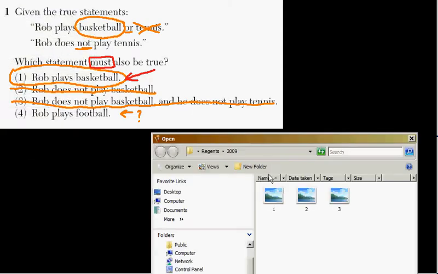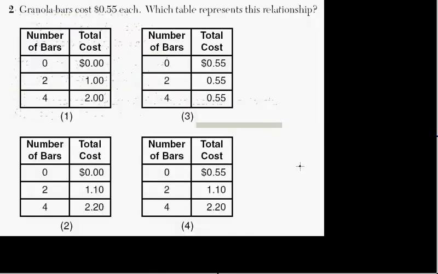We go to question number 2. And we have this. Granola bars cost 55 cents each. Which table represents this relationship? And we can do some real quick elimination here. First, notice that all the tables are similar in structure. They all have a number of bars and then total cost after number of bars.